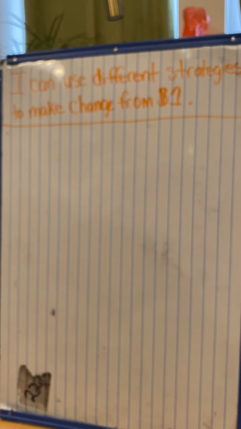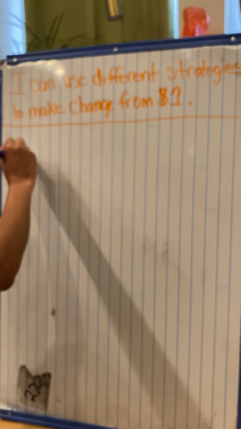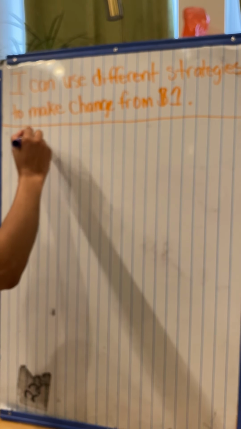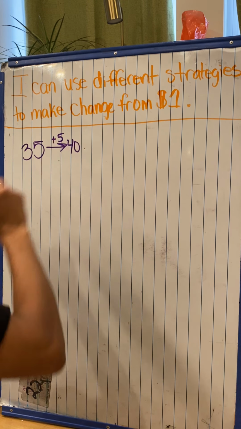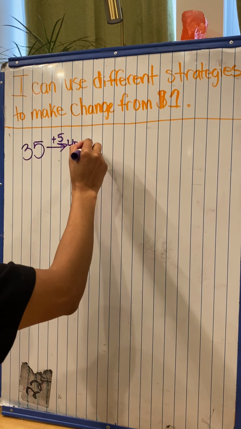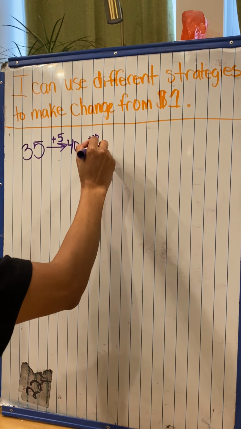So I'm going to write exactly what I just said on the board. Again, some of you might have said I started with 35 cents, add a 5, which would give me 40 cents. We try to make friendly numbers, and then add a 10, which would give me 50 cents.